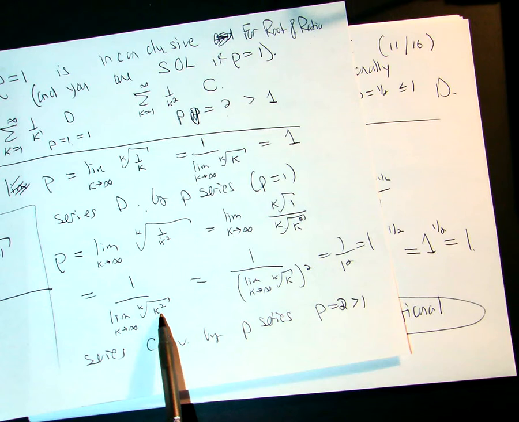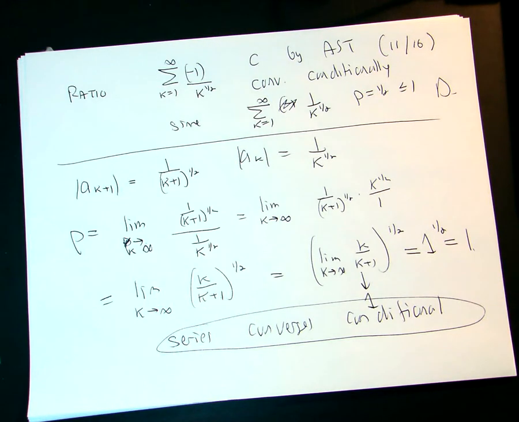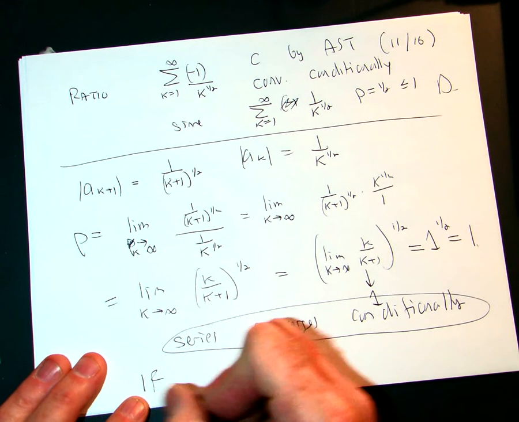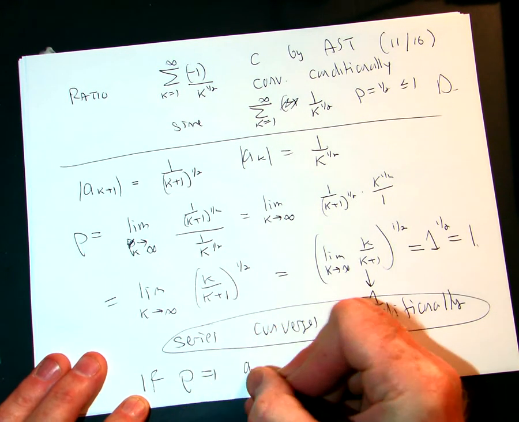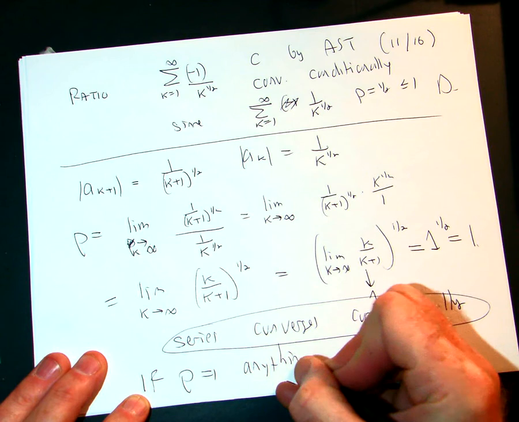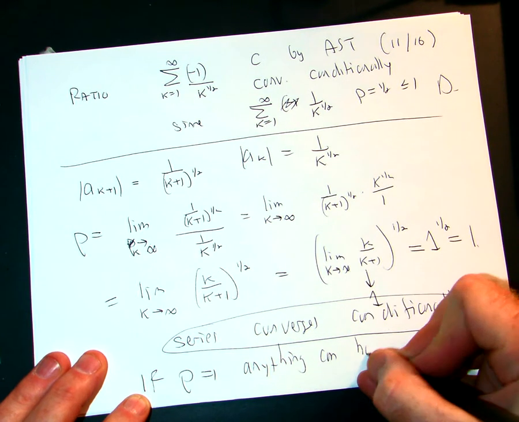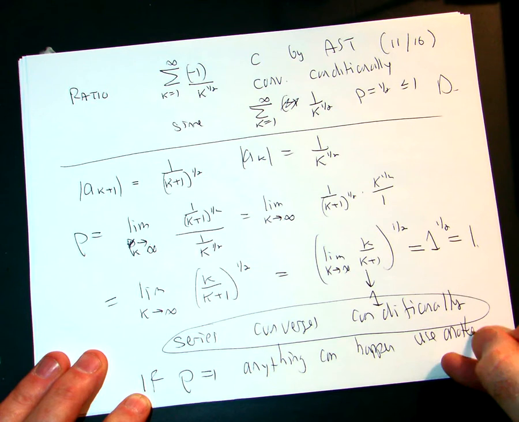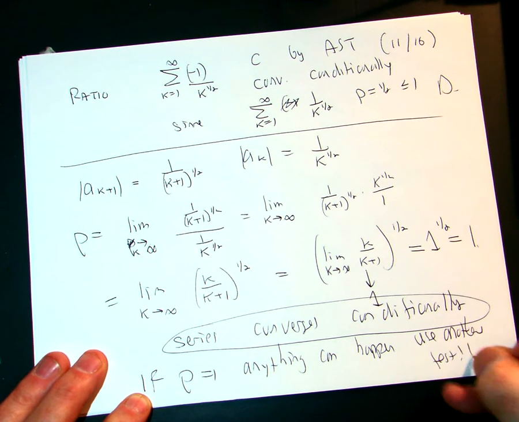Or I can get a conditionally convergent series if rho is equal to 1. So if rho is 1, this is the moral: anything can happen. So you need to use another test. And we'll see other examples of that.